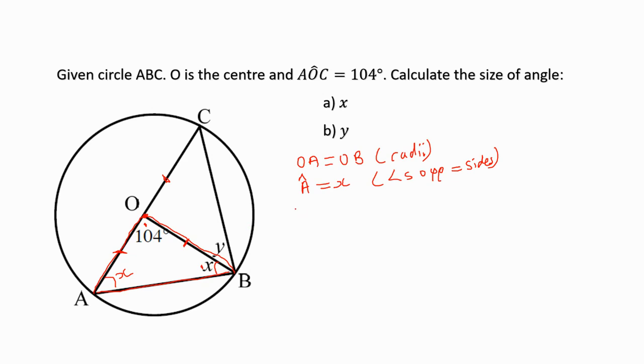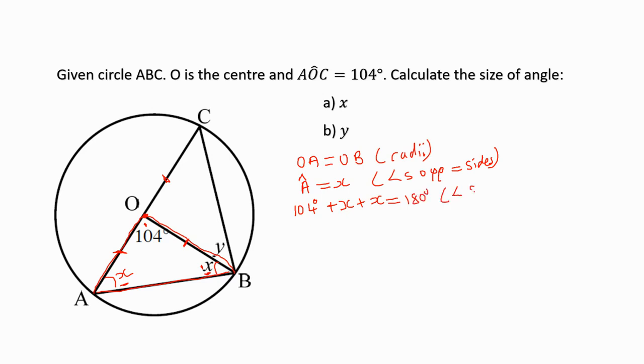So we can say 104 degrees plus this x here for A, plus this x for angle B1 there, is equal to 180 degrees. Why are we saying that?